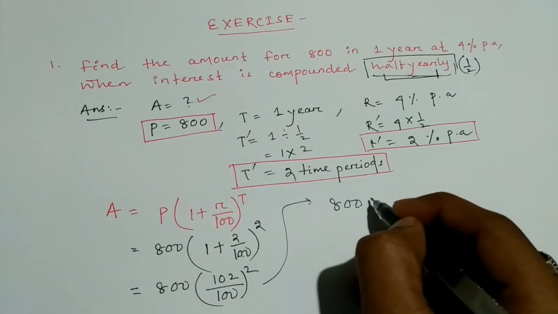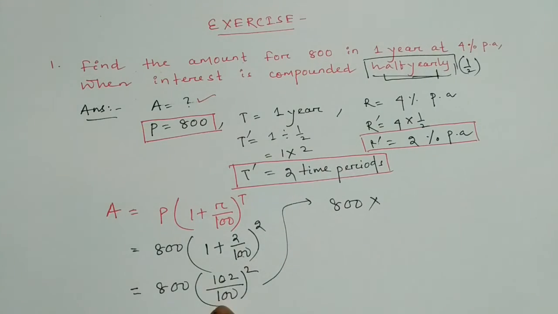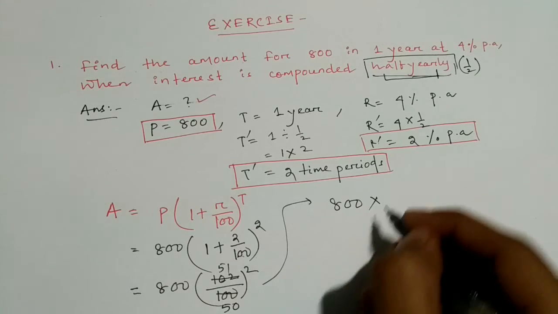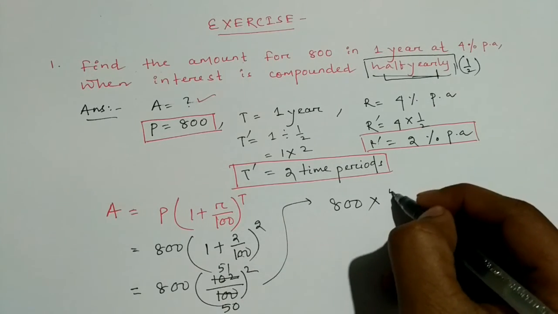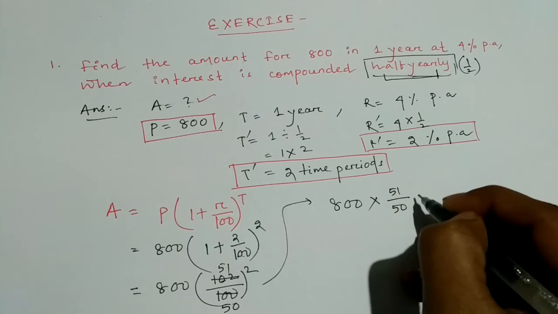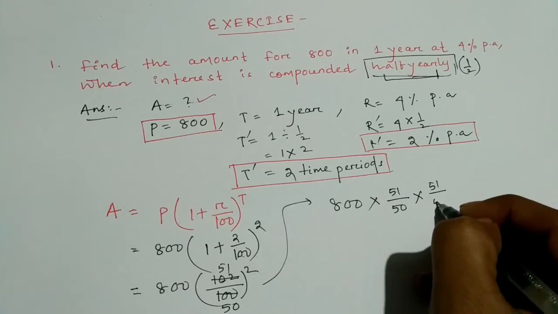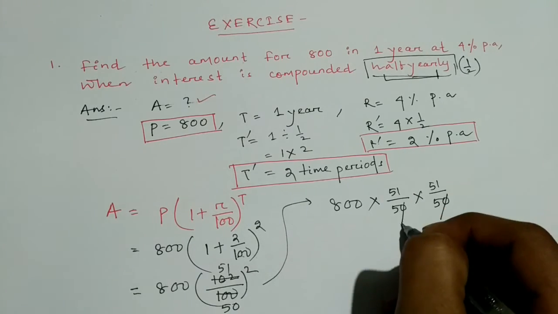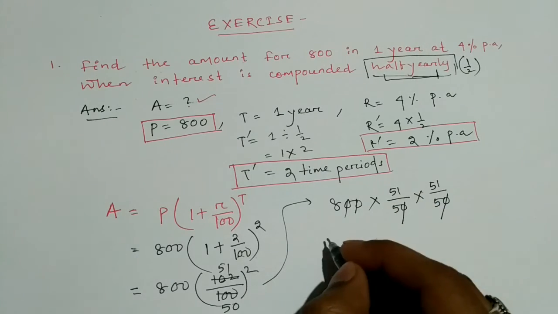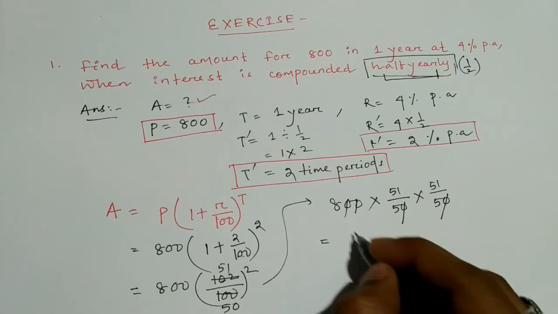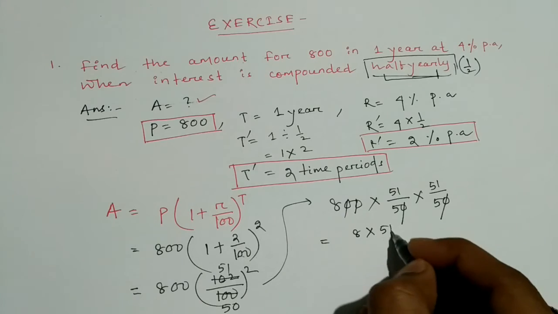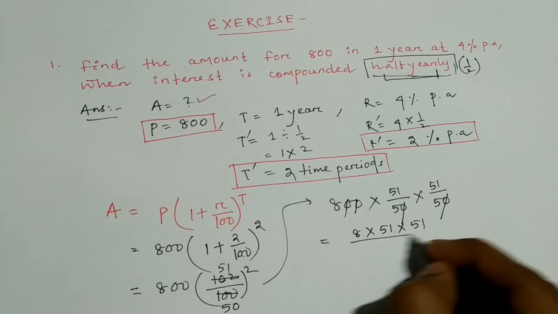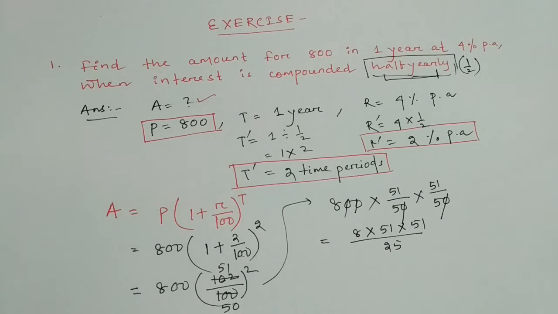So 800 multiplied with 102 by 100, it will be cancelled. So 51 by 50 squared. So 51 divided by 50 multiplied with 51 divided by 50. The 50s get cancelled. So it will be 8 into 51 divided by 25.